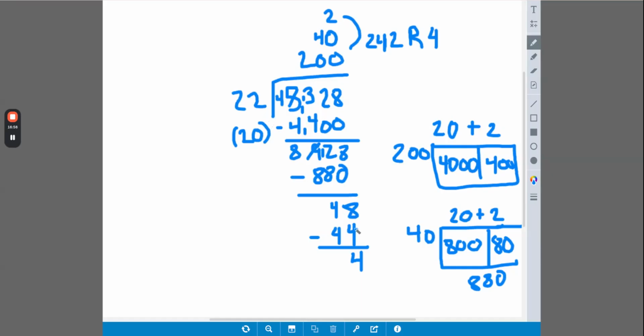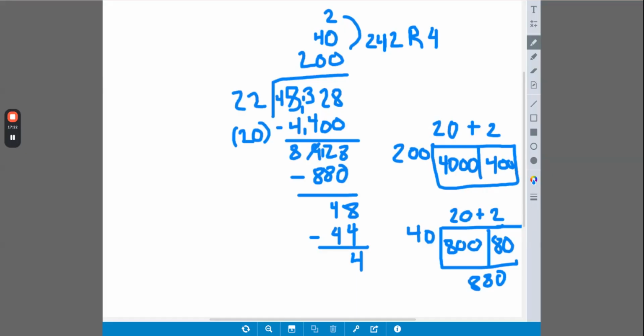I checked to make sure I could keep dividing, and I can because 48 is bigger than 22. Then I multiplied 2 times 22, and I got 44. Then I subtracted, and I was left with 4. 4 is smaller than 22, so I checked it, and I cannot keep dividing. So the answer is 242, remainder 4.